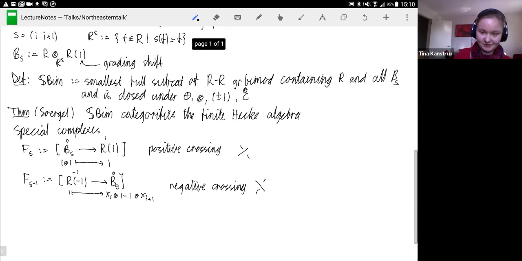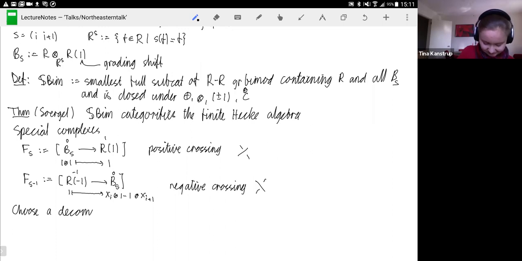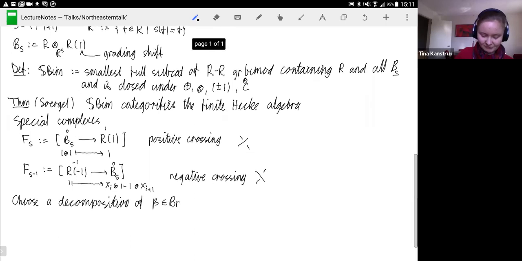All right, so from those, I can cook up a huge complex, which will correspond to a general braid. Any braid is some sequence of positive and negative crossings, so I'll just choose a decomposition of my braid.